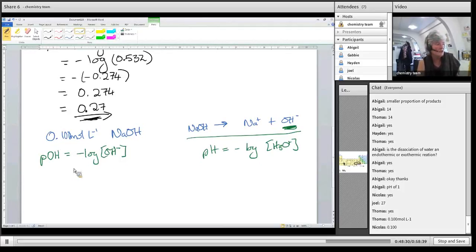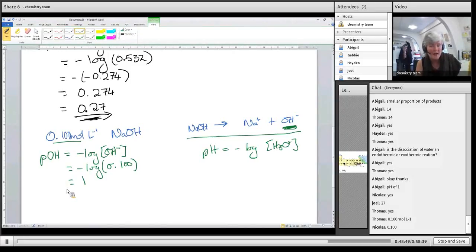Okay, and you quite correctly said that it's going to be 0.100. Okay, and we know from previous times it's going to be a pOH of 1 if you did the calculation. Now, you were asked for the pH, not the pOH.